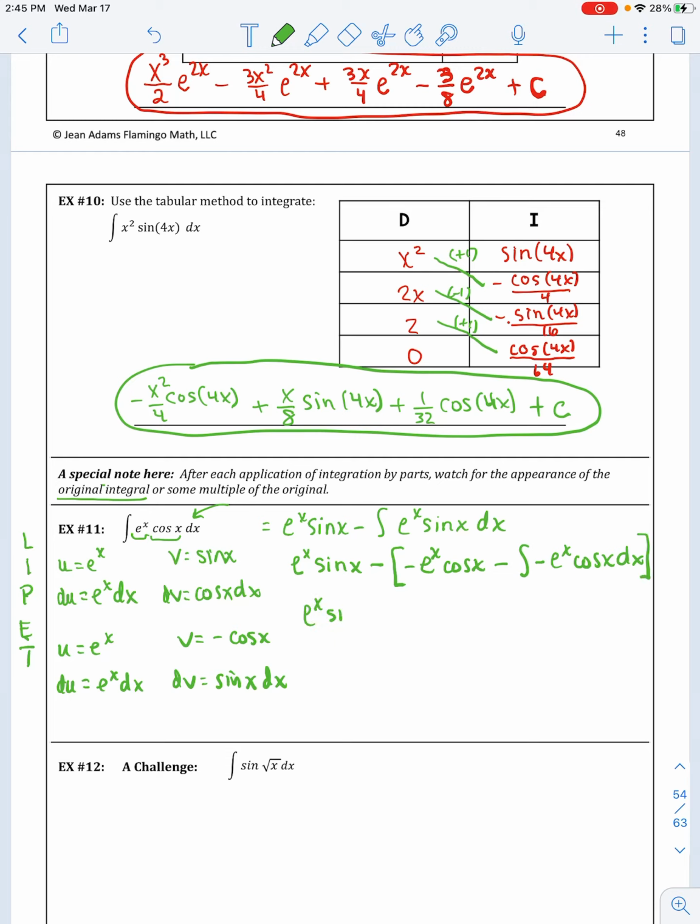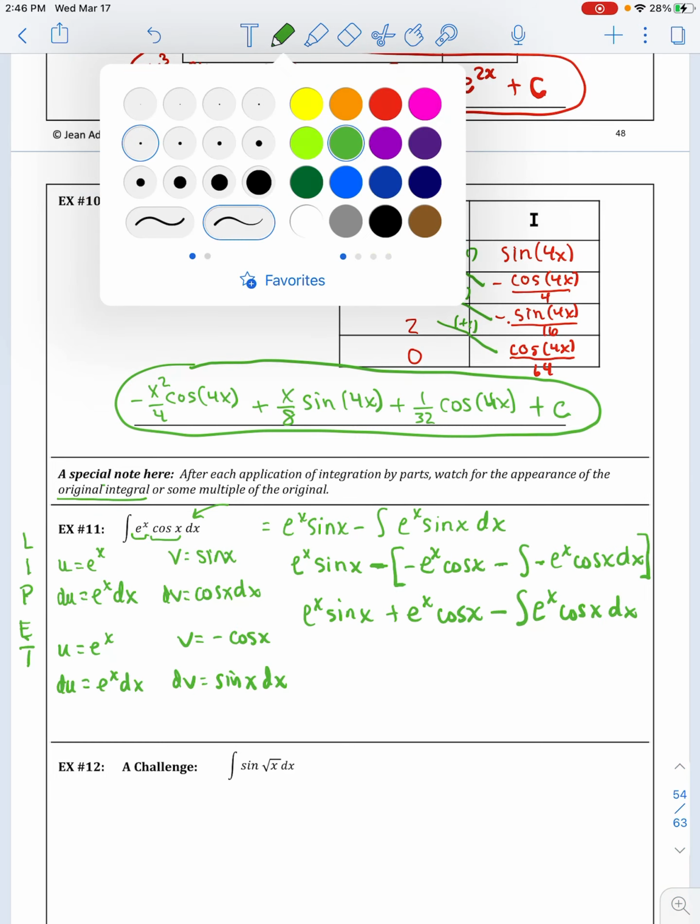And let's just clean this up with all those negatives and everything. Minus a minus is a plus. And remember, this is a plus, but then this negative out here that's in front of this bracket gets multiplied by that. So this negative goes in front, and then this is integral e to the x cosine x dx.